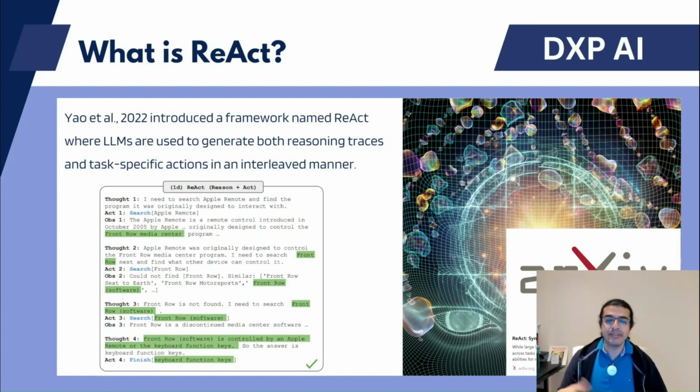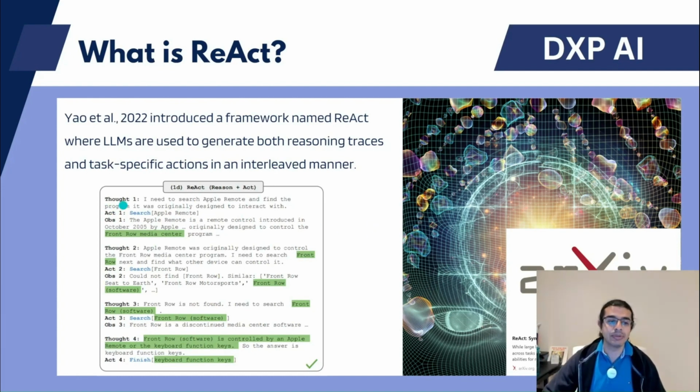Let me explain this further and why it's so important. The idea behind ReAct is the base that things like AutoGPT and BabyAGI utilized to create these platforms. It's the thing that enables you to give really a brain to ChatGPT.